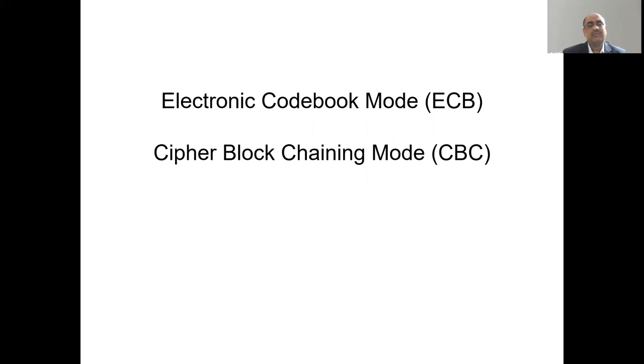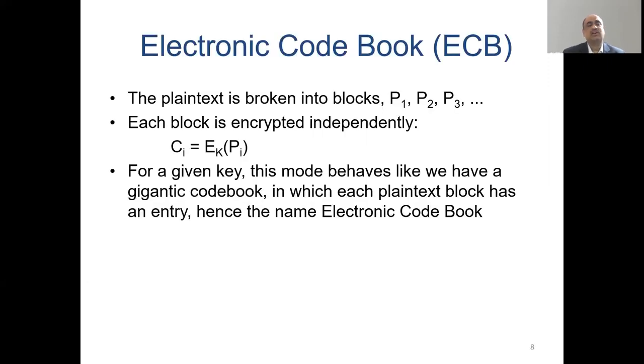Of the two methods, the first is ECB, which is a very, very simple method. As informed earlier, the plain text is broken into a number of blocks, termed P1, P2, P3, up to Pn.